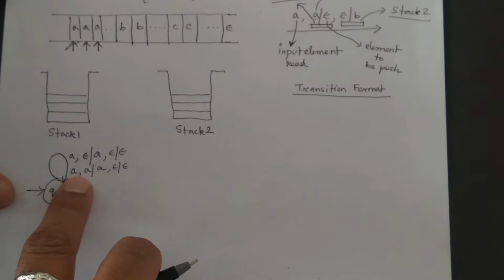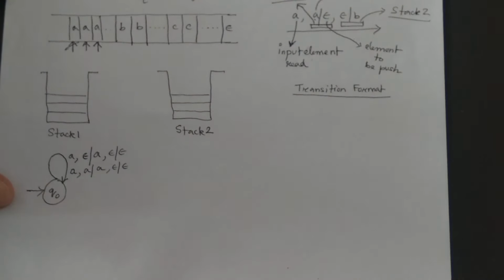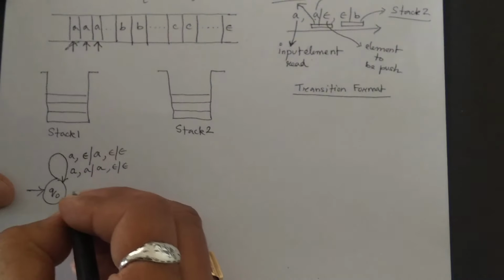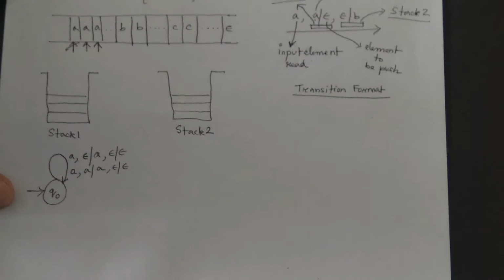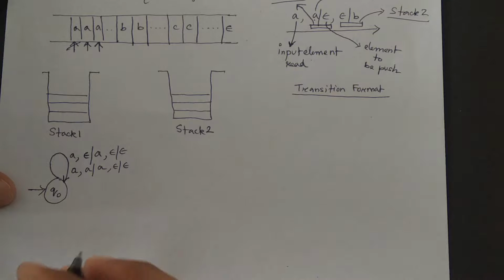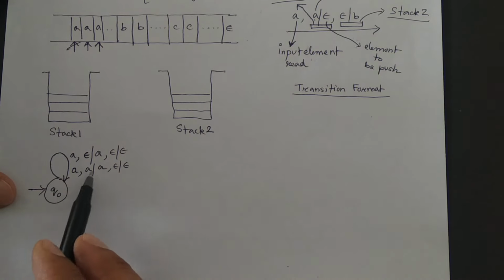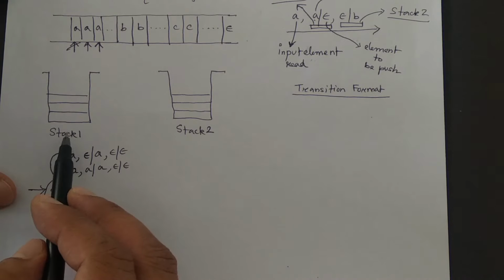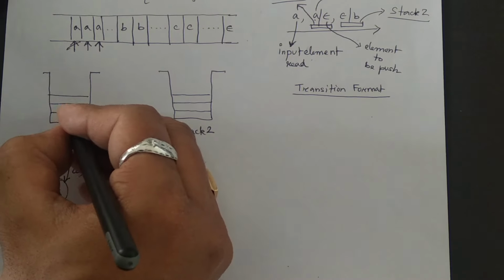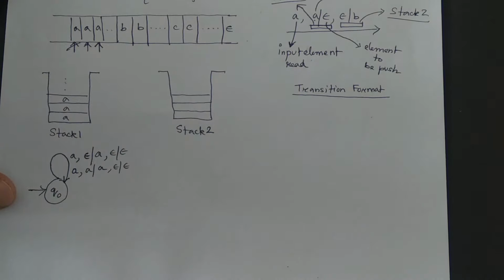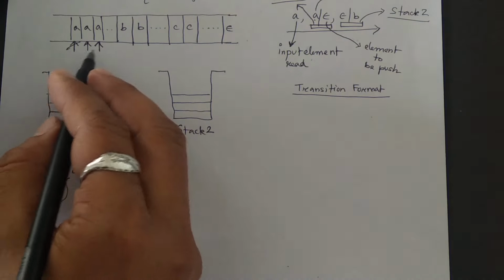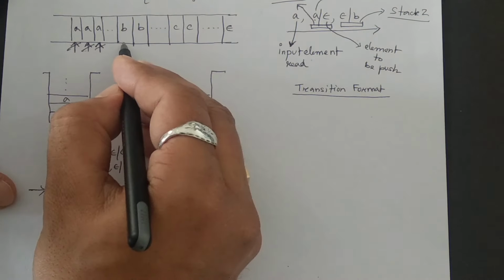Clear? So this way all the A's will be pushed. If you check this transition, all the A's will be inserted into stack number 1, like this. Clear?